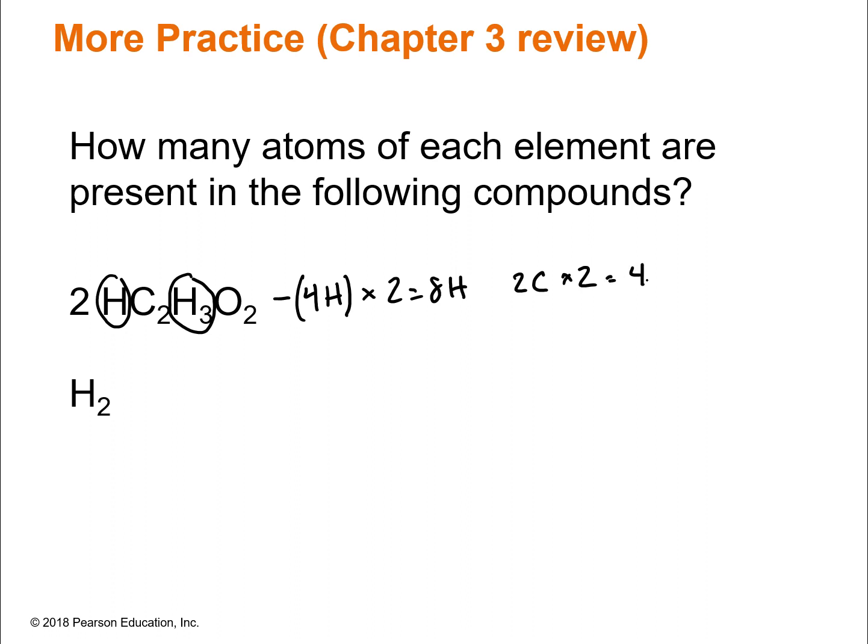So we have 4 carbons. Same thing with the oxygens. There's 2 oxygens in one of them. We've got 2, so there's 4 oxygens. Make sure that O doesn't look like a 0. H2, we've just got 2 hydrogen atoms. That's it. So that's a quick refresher on counting the number of atoms in each element.